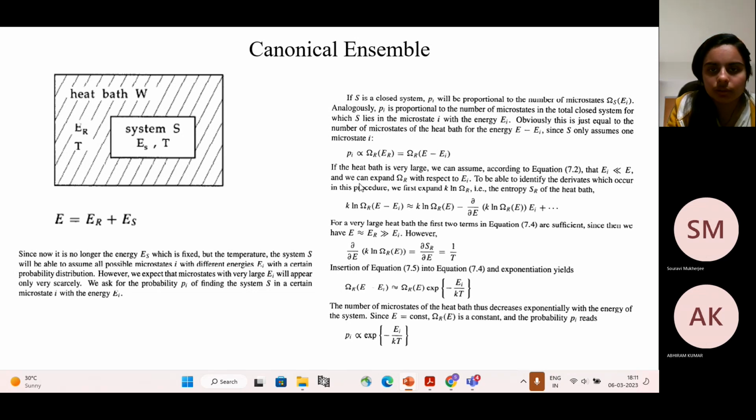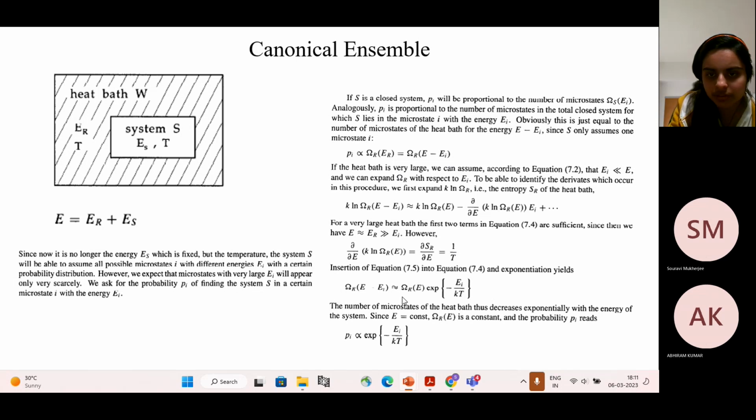Now, because the heat bath is very large, we can assume that Ei is much less than E, so we can expand the expression in this way. Considering that E is approximately equal to Er because the reservoir has greater energy, we get this value, which is already known to us.